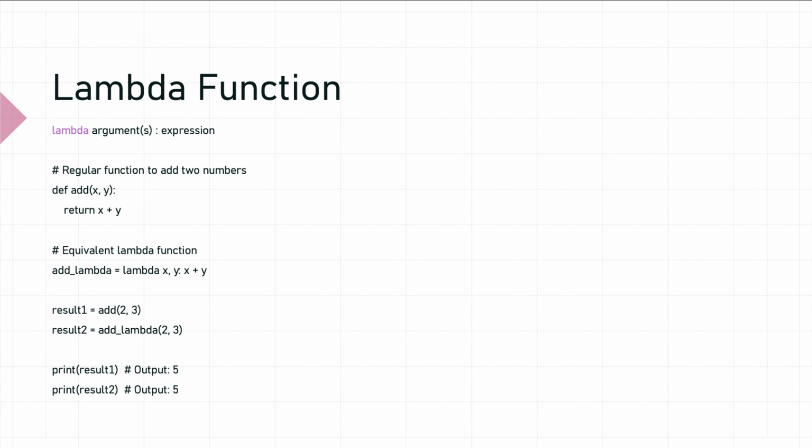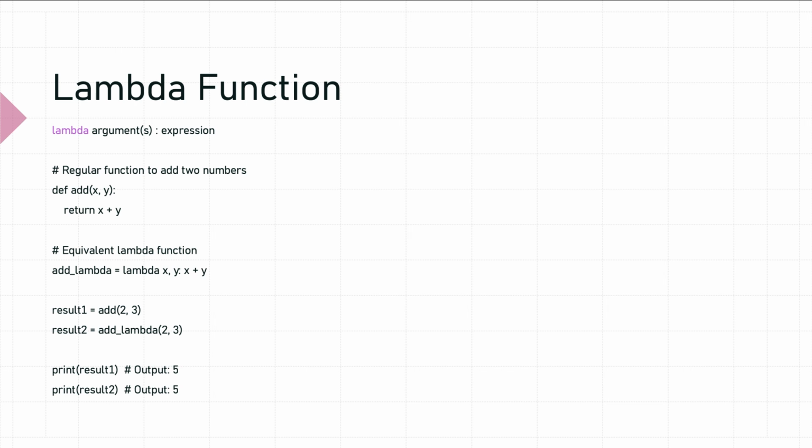And in this slide, we have an example of how to use a lambda function. In this example, we defined a regular function called add that takes two arguments, x and y, and returns their sum. We then define an equivalent lambda function called add_lambda that does the same exact thing.